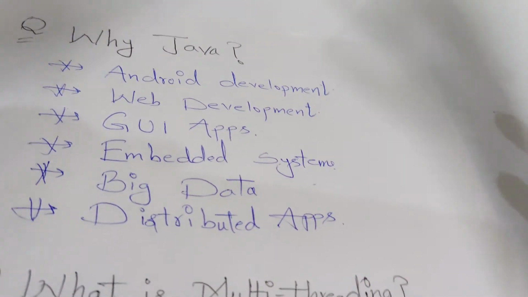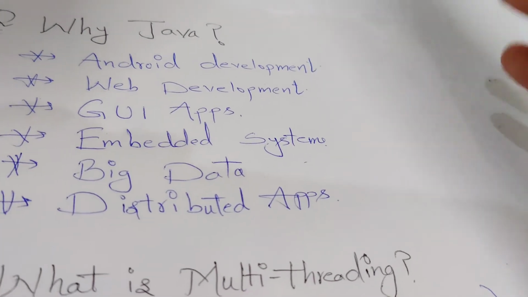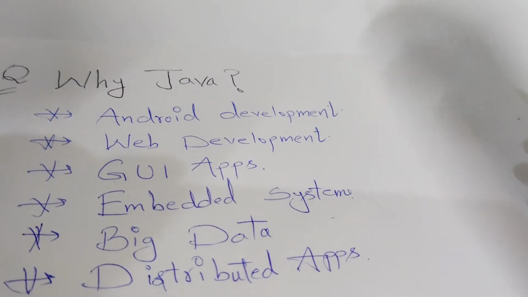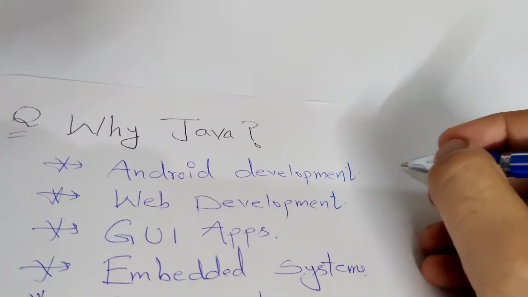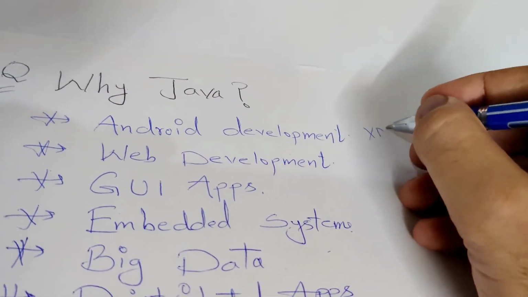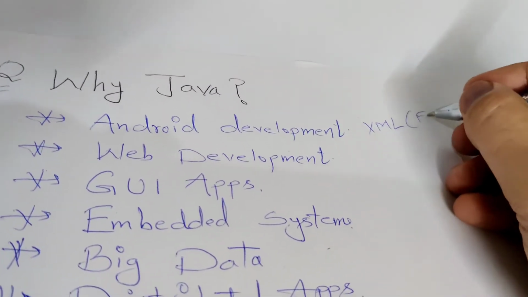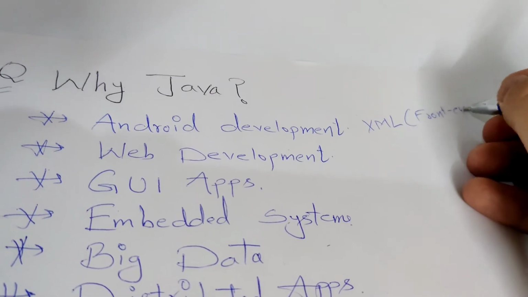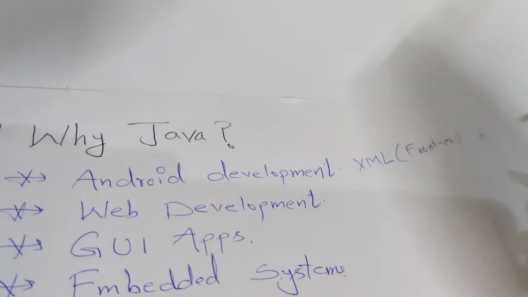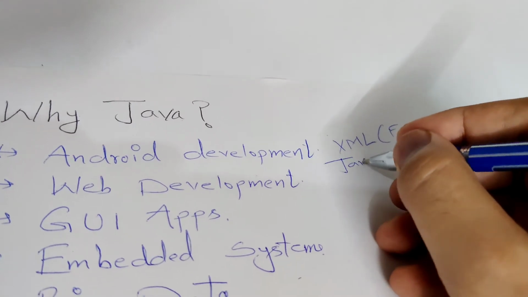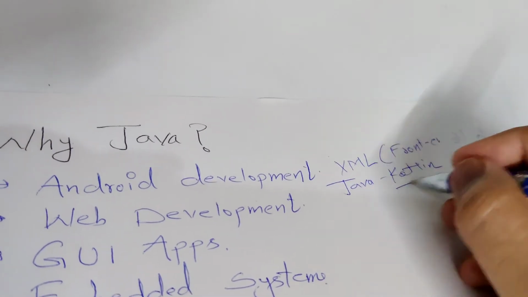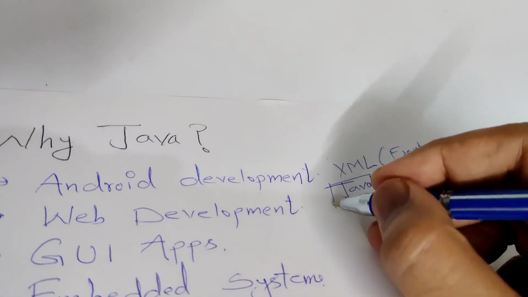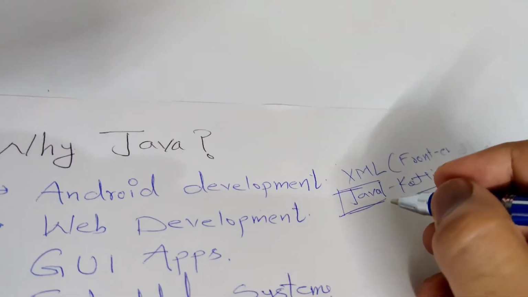After that they asked me, why Java, why are you so interested in Java, please explain to us. So I gave a few examples, like we can do Android development, because in Android in the front end we have XML files, but in the back end it is only Java predominantly, and some Kotlin sometimes depending upon the need of the client, but Java is predominant in the backend.